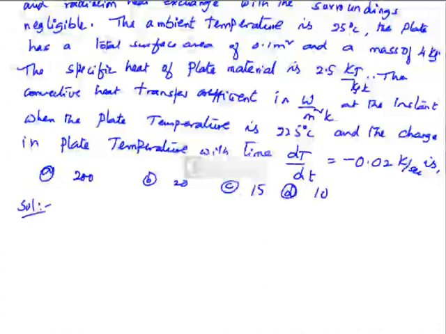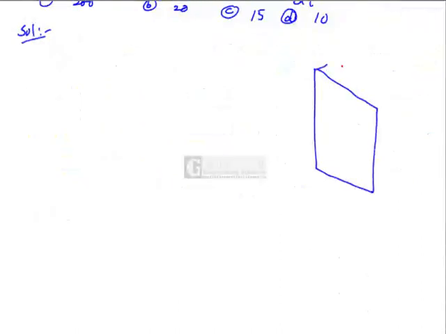The solution to this problem could be given like this. Thin hot vertical plate is suspended in air. The plate temperature is uniform, therefore temperature is same everywhere in the plate. The temperature is given at the instant of a certain time, 225 degrees centigrade.